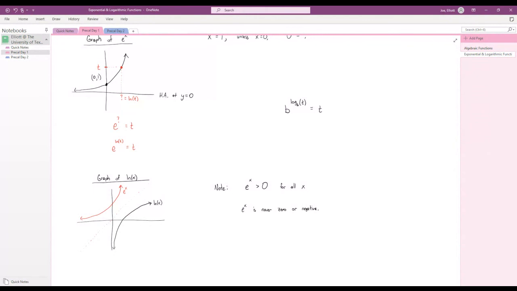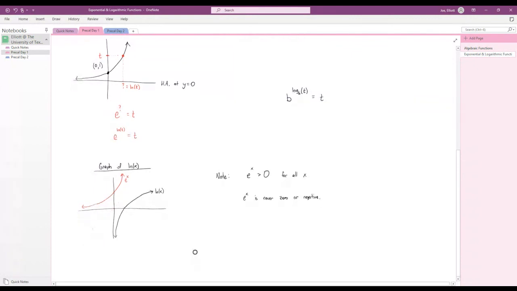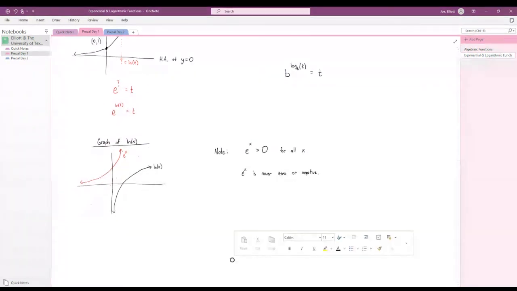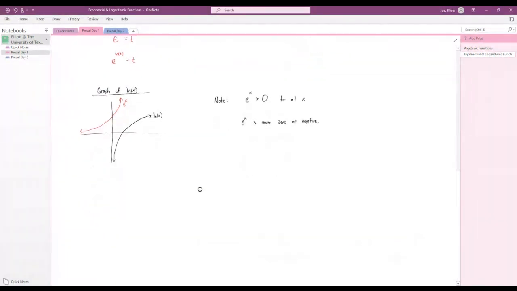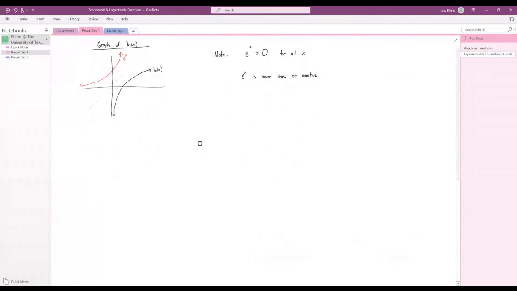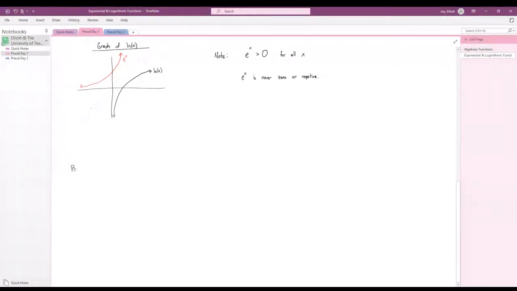Let's see here. To wrap up today, I think I only have time for about one more topic, and the topic I want to get to is properties of the logarithm functions. I think that's the most important one, so that's what I'm going to jump to at this point.